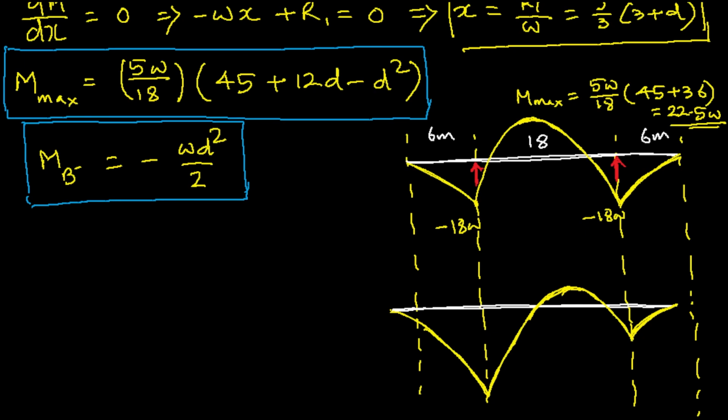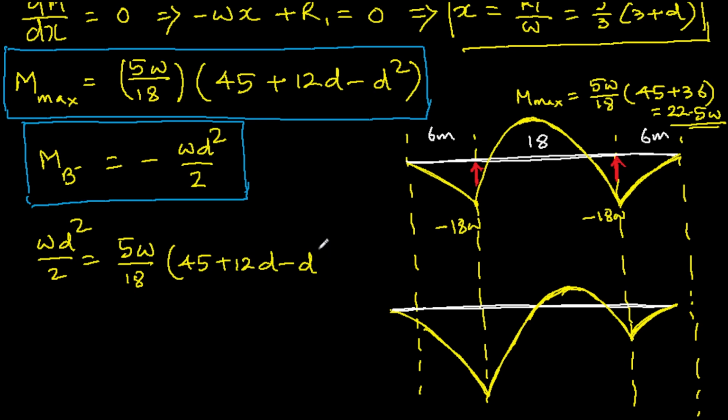So then you just have to solve for the case that W d square over 2 is equal to 5W over 18 times 45 plus 12D minus D square.